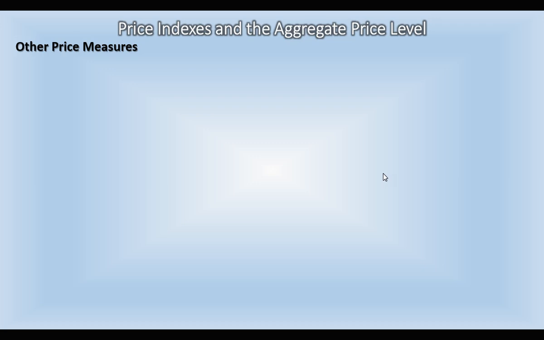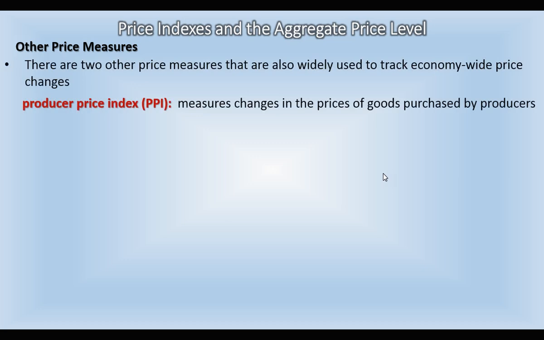Of course, there are other ways of measuring the price level in an economy. Two other price measures that are widely used to track economy-wide price changes include, one, the producer price index, and that measures changes in the prices of goods purchased by producers. So remember, producers purchase goods from each other.